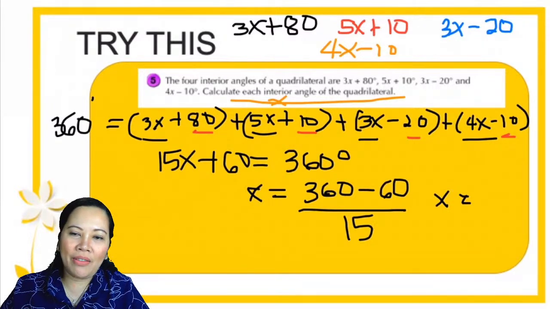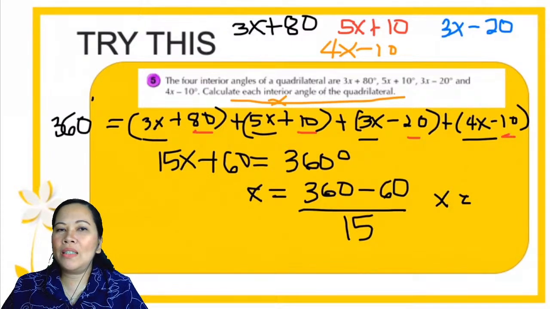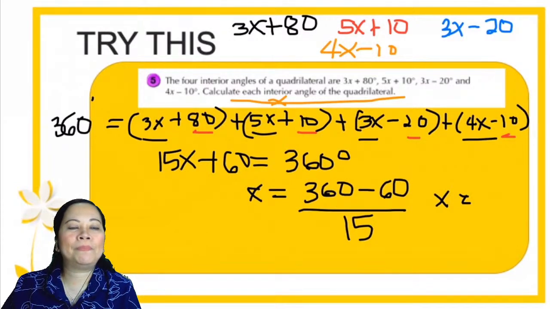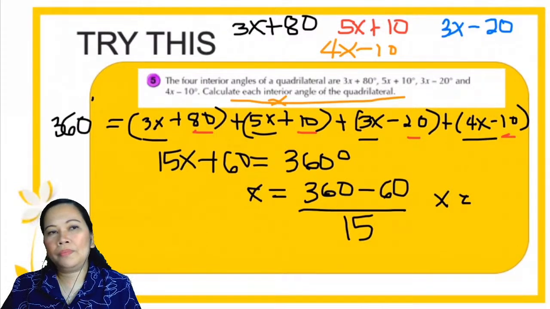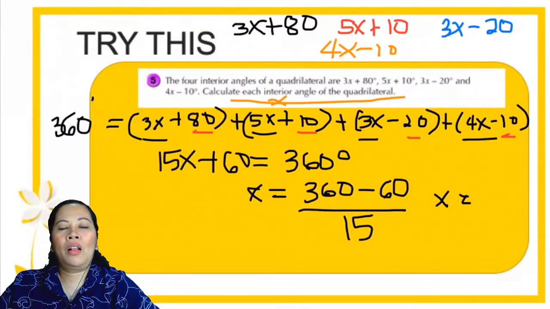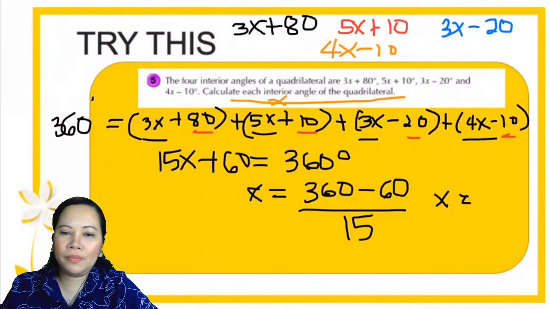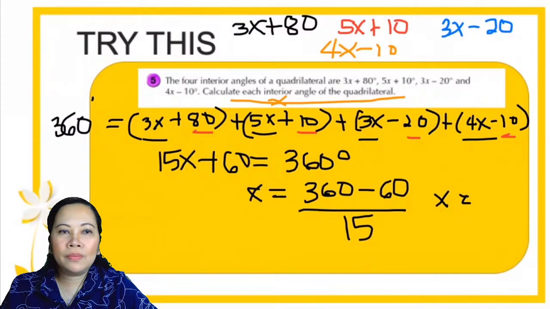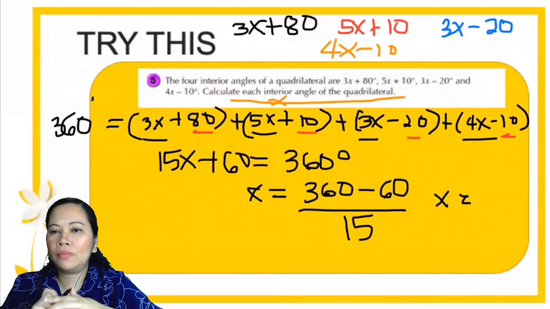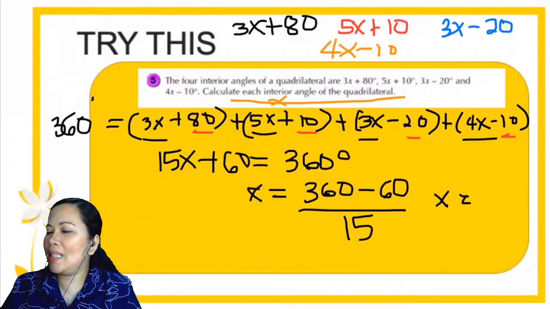So this will be 360 minus 60, divided by 15. What is the value of our x? X is 20. Yes, that is correct.